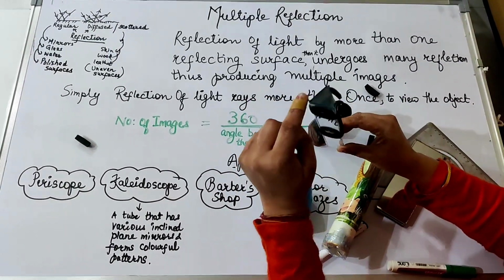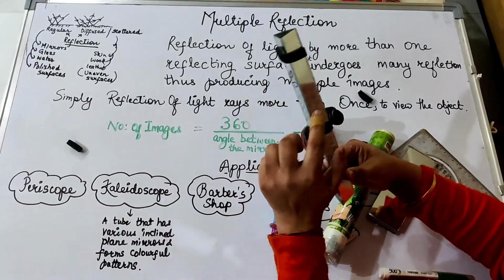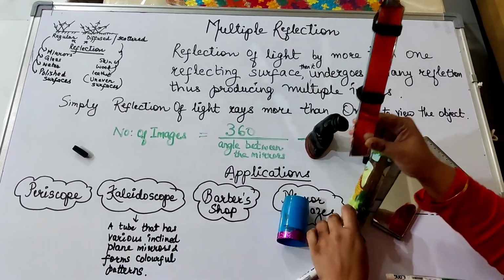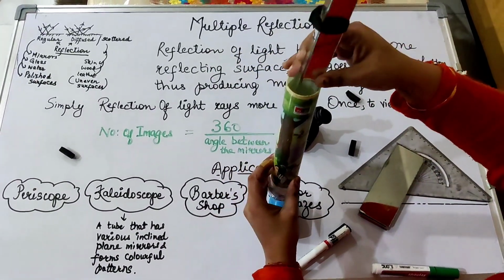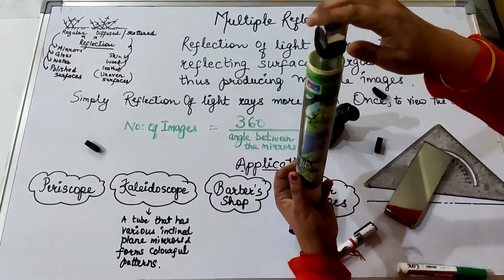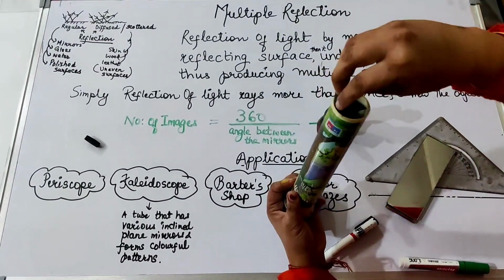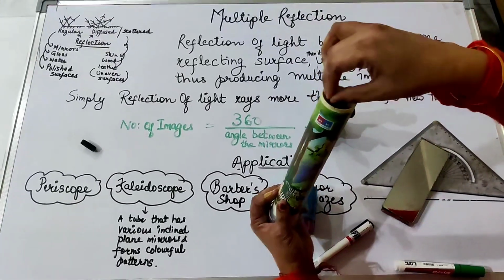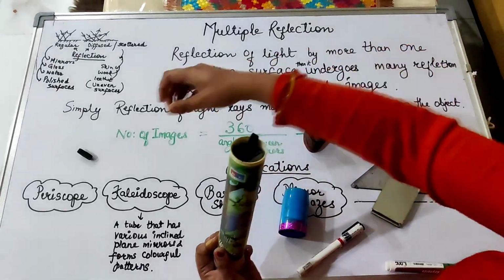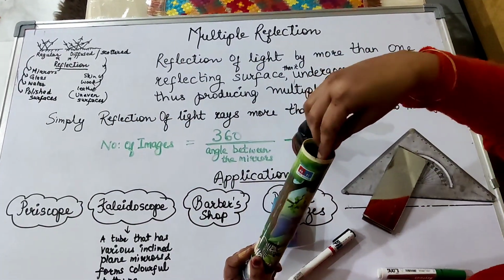You can see three reflecting, polished surfaces, and this is a tube in which they are fitted, and to fix them we need certain rubbers, insulators, so that it is fixed rightly. You can use paper also. You can make your own kaleidoscope at home.